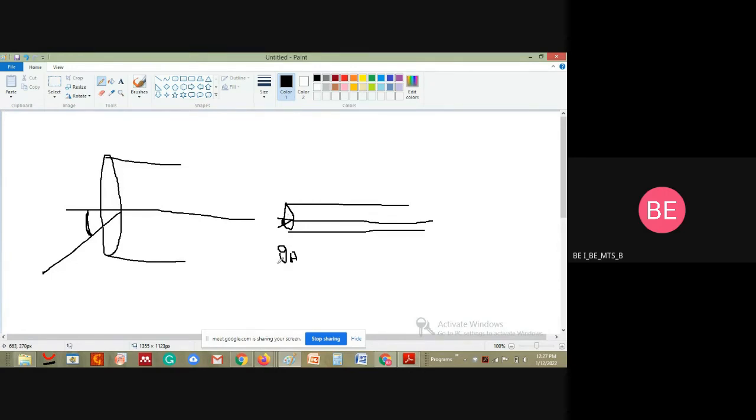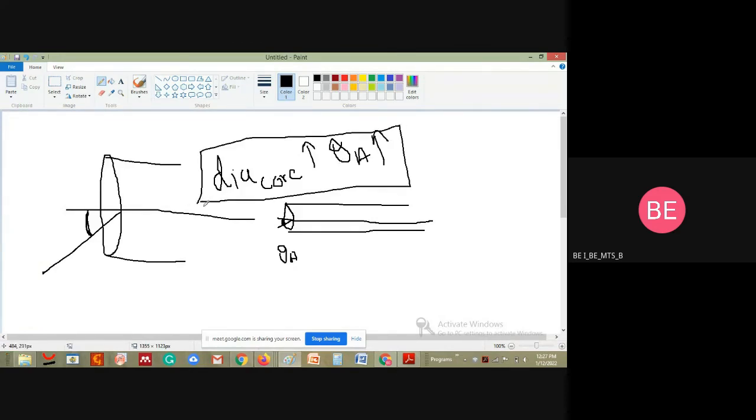So what is the relation between theta A and the diameter? If the diameter of the core increases, the value of theta A also increases. Please remember this. It might be a Part A question. Let me complete the session with this.